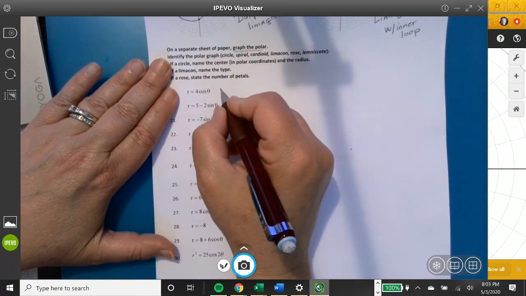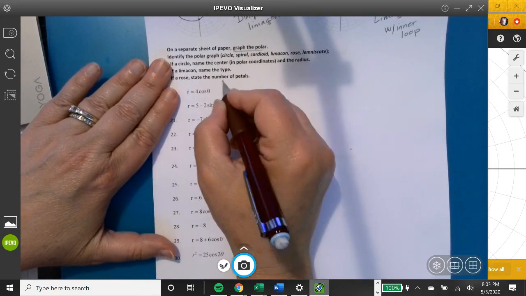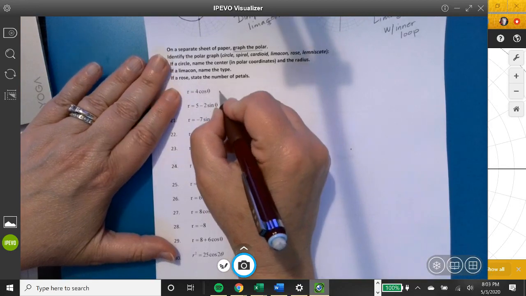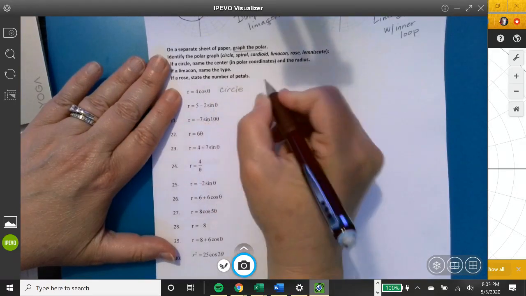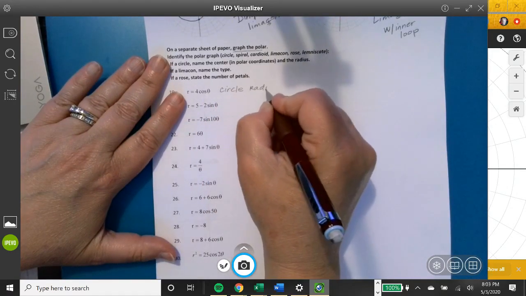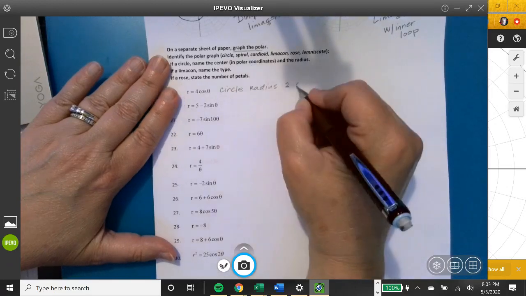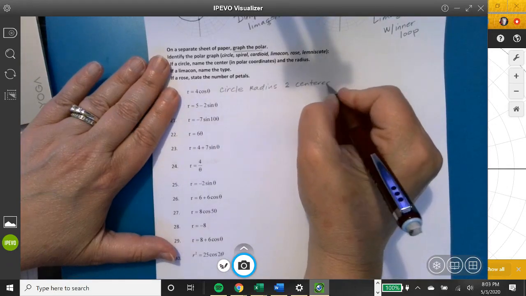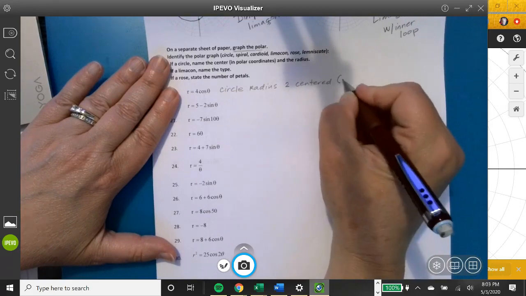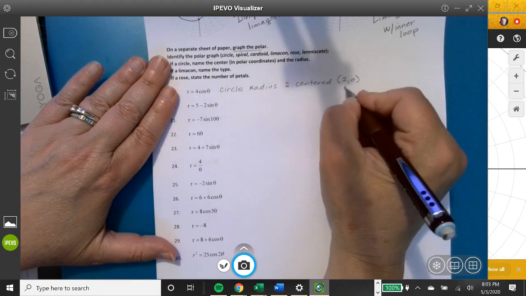All right, well, this is going to be a circle of radius 2, centered at (2, 0). And remember, that's x, y: 2, 0.